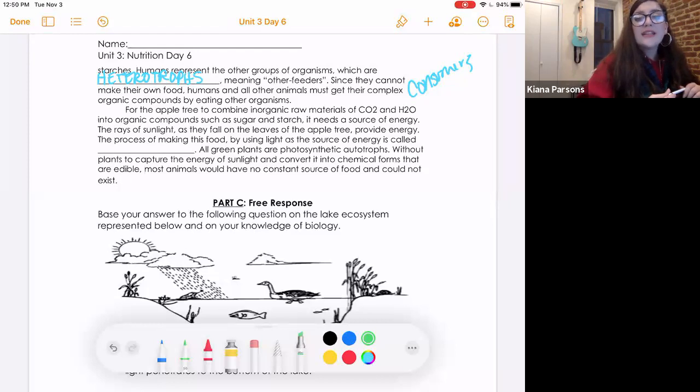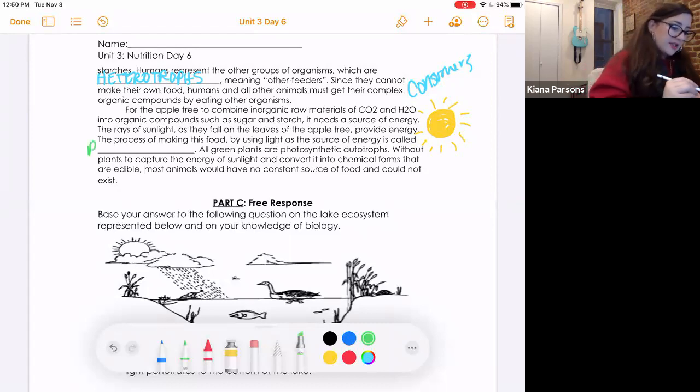The rays of sunlight, as they fall on the leaves of the apple tree, provide energy. So now we're adding in this abiotic factor of sunlight into our photosynthesis equation. The process of making this food by using light as a source of energy is called photosynthesis.